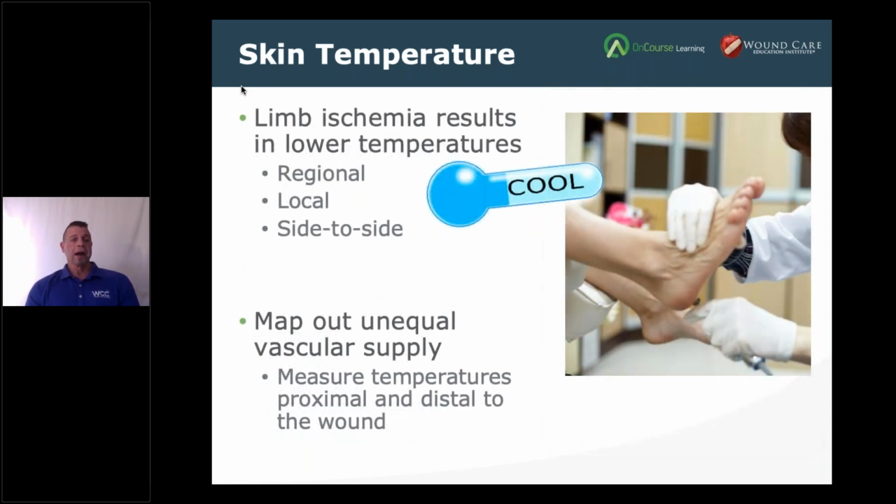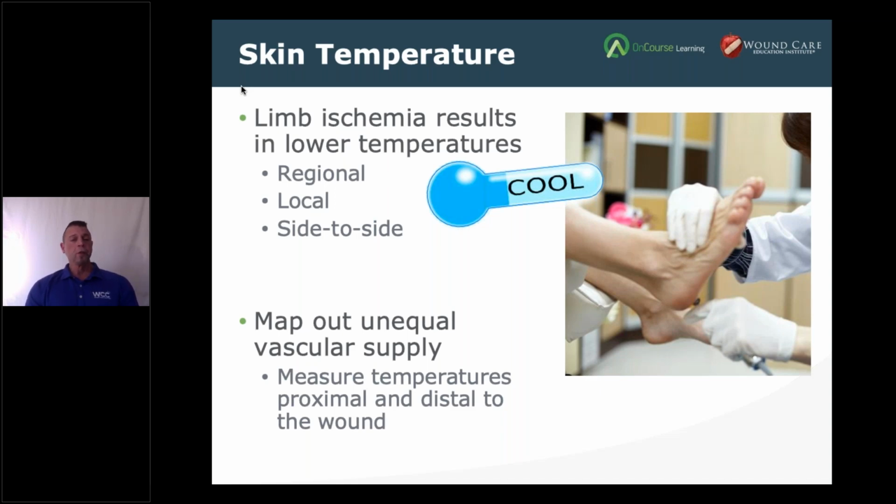Now, if they've got underlying limb ischemia, we're going to see those temperatures lower than typical normal temperatures would be. We may see it on a regional area. It may be just localized to a certain part of the foot. And you may or may not see that difference from side to side, depending on how significant the ischemia is bilaterally, okay?